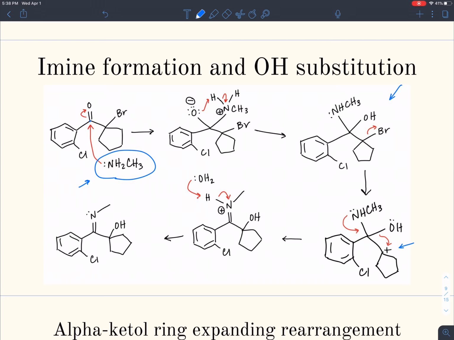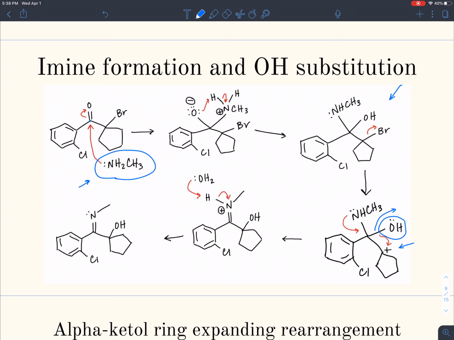And so when nitrogen kicks down its electron pair to try to form a double bond, this hydroxyl group, which would normally be kicked off, instead just shifts directly over to this cation and has a nucleophilic attack on this tertiary carbocation. So that's why I do it this way, but there could be other proton shifts.